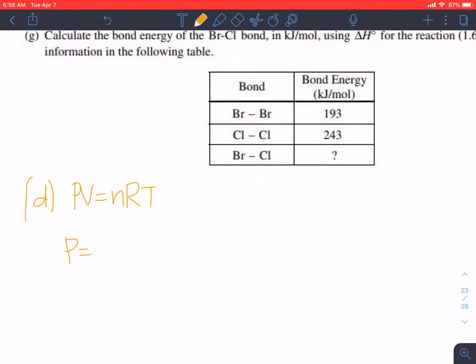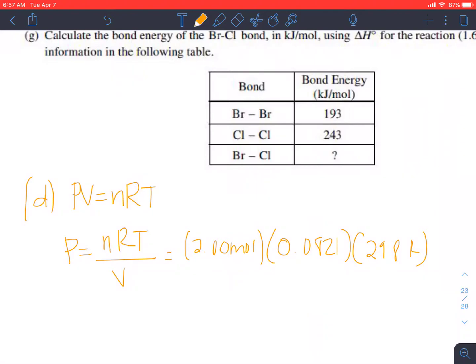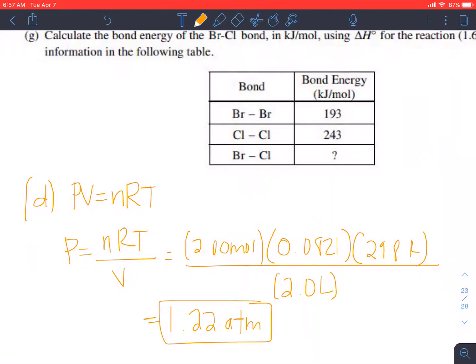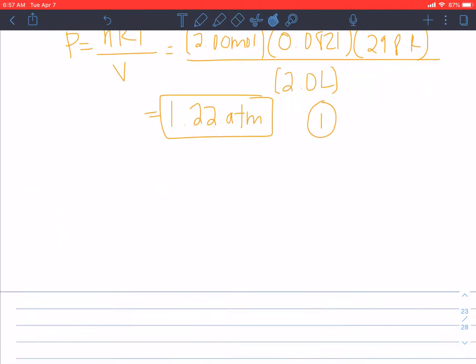If we're going to solve for pressure, P equals nRT over V. So we've got 1 mole, R, let's go ahead and use the universal gas constant, you can do the units, 298 Kelvin, that was given, and then our volume is 2 liters. So that was easy peasy. What you should get is 1.22 atm. By the way, this was 1 point for this question.